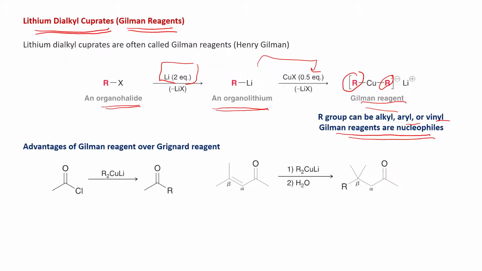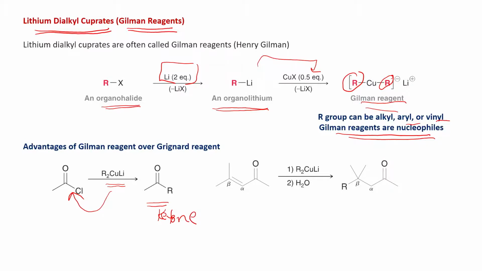Gilman reagents are nucleophilic in nature. So what is the advantage of Gilman reagent over Grignard reagent? Or you can say the difference between reactivity of Gilman reagent and Grignard reagent. So your Gilman reagent, when it reacts with acyl chloride, will give you ketone, right?